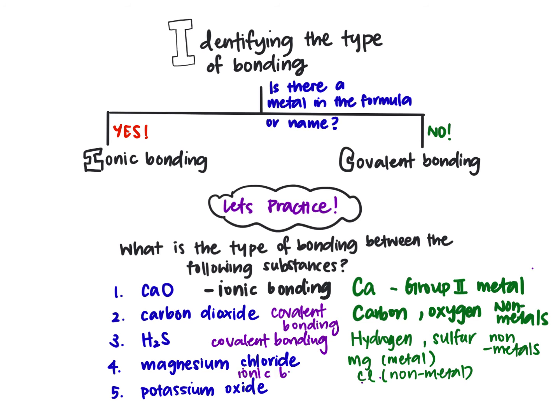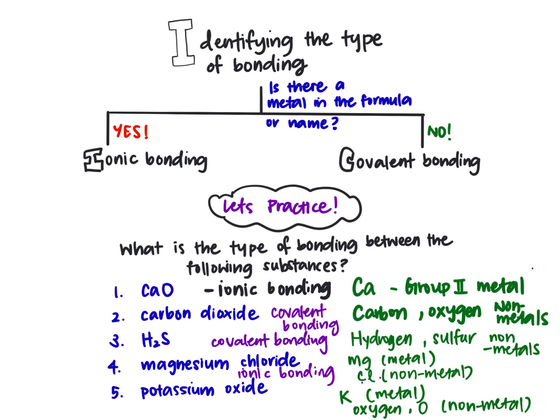The last one, potassium oxide. Potassium is a metal. So checking the periodic table, potassium, having the symbol K, is a metal, and oxygen with the symbol O is a non-metal.